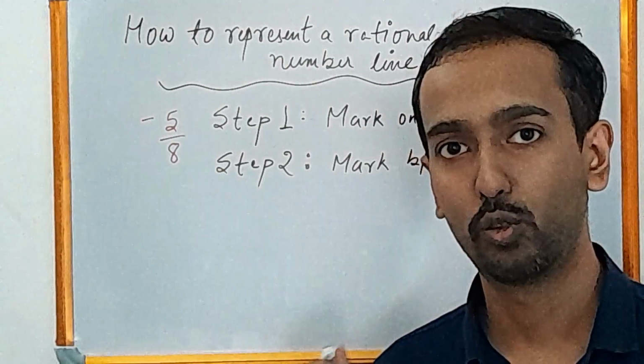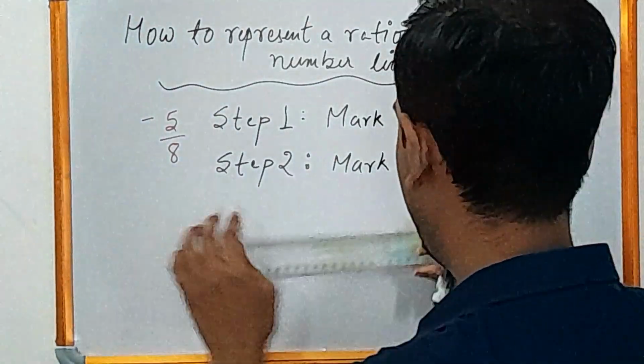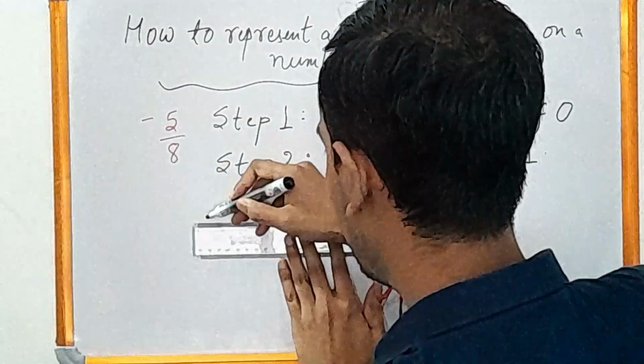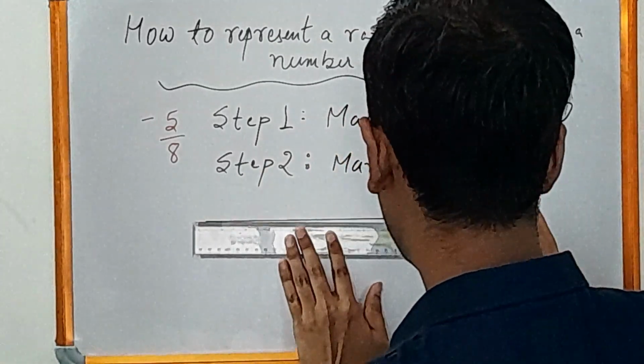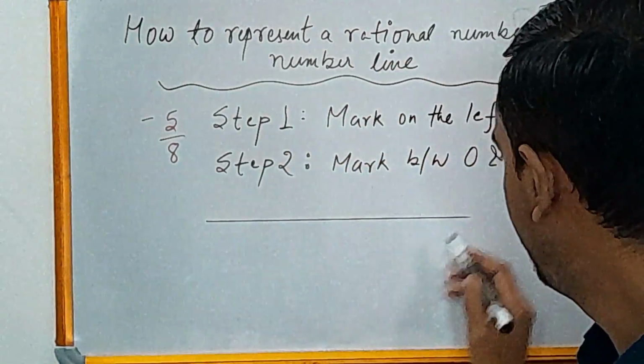This is always true for all proper fractions. So with the help of these two concepts, first draw a normal number line. So here we have drawn a number line.